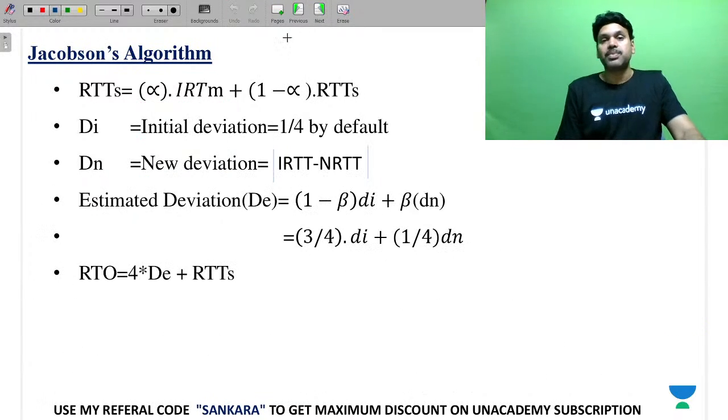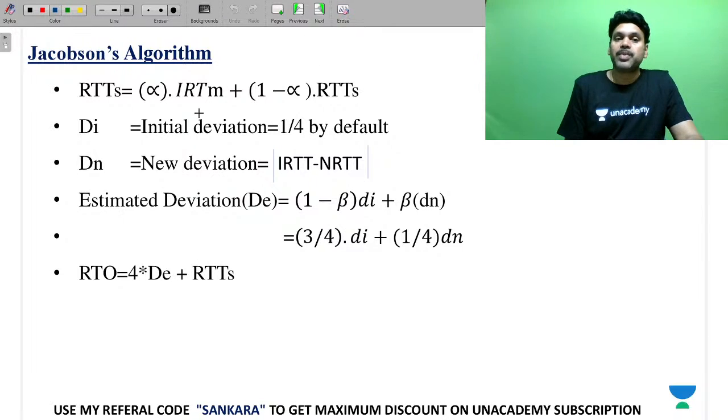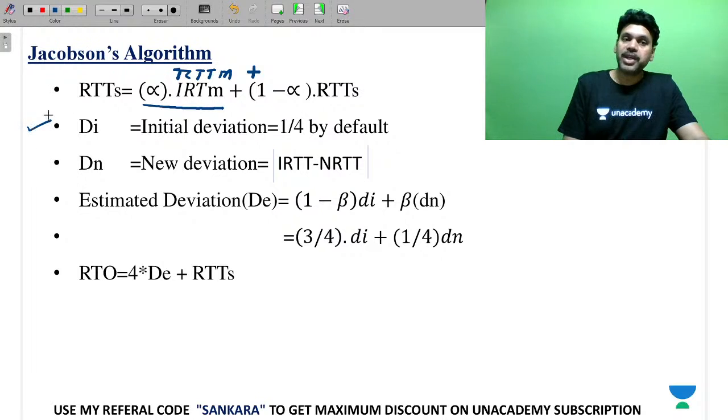If you look at the Jacobson algorithm, you need to calculate RTTS as alpha times RTTM, that means RTT measured, plus 1 minus alpha times RTT smooth. We need to calculate the deviation. Initial deviation is 1 by 4 by default, and the new deviation is the difference between IRTT and NRTT. IRTT is nothing but RTTM, and NRTT is nothing but RTTS.